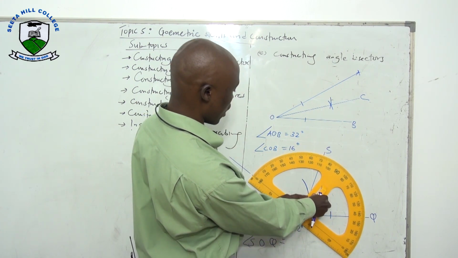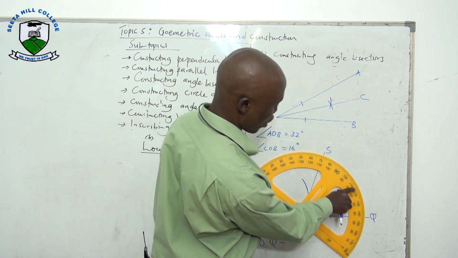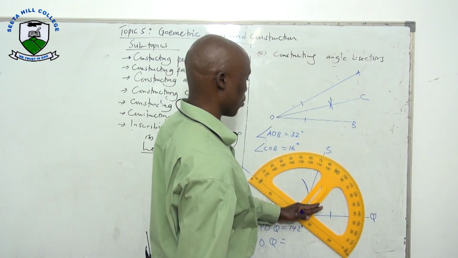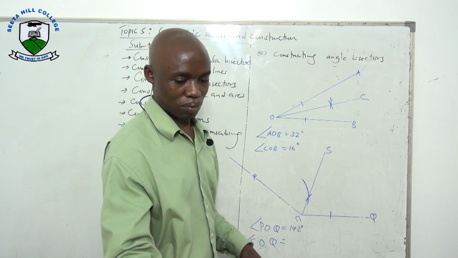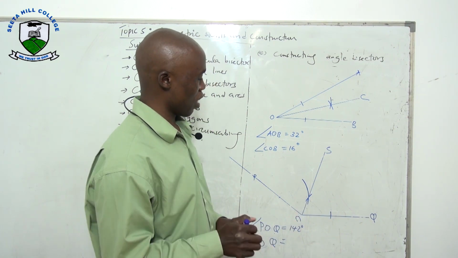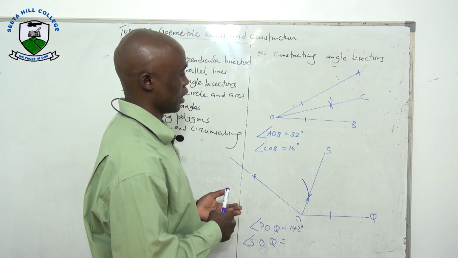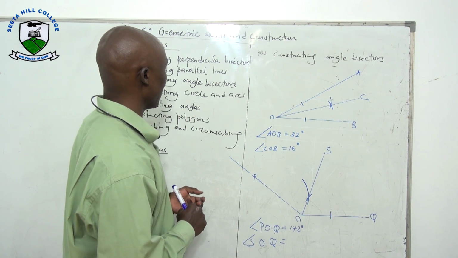And now when this is 0, you will use the outer scale. It will end on the same value, 140 something there. That means you can now bisect and even measure. Now let us go to constructing circles.